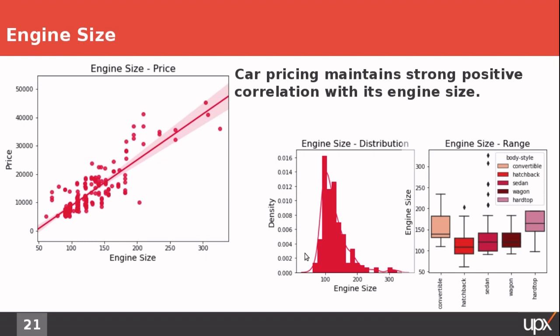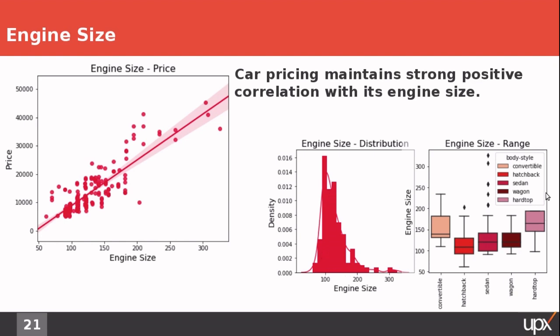On the right hand side, you can see the distribution of engine size here. The majority of the cars have smaller engines. You can see that here the engine size is in cubic inches rather than cubic centimeters. That's why you are seeing numbers in the range 100, 200, 300, etc. You can see that the density is towards the lower sized engines.